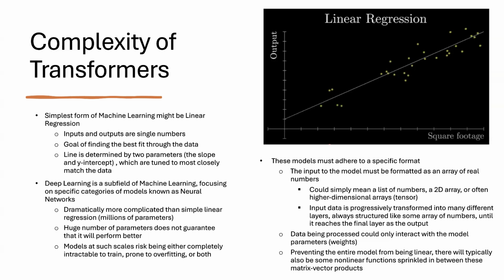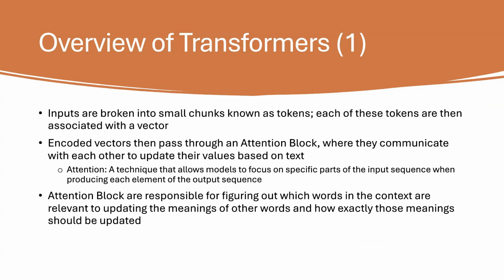Data being processed can only interact with the model parameters, aka weights. To prevent the entire model from being linear, there will typically also be some nonlinear functions sprinkled in between these matrix vector products, which will be discussed a little bit later on in the video.